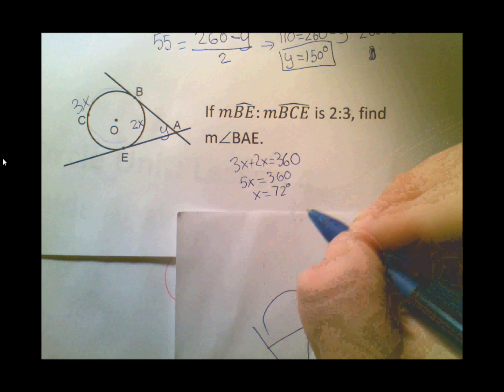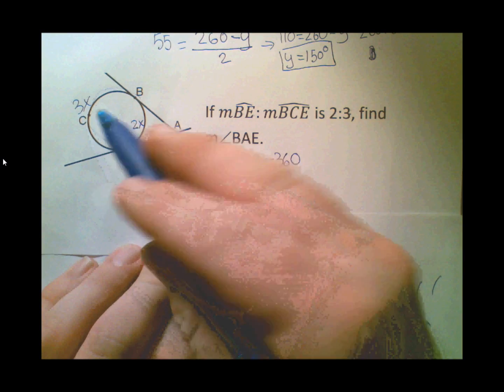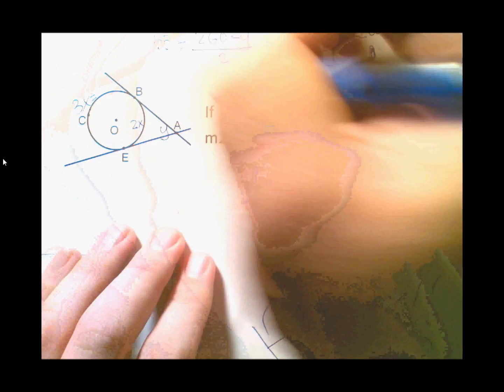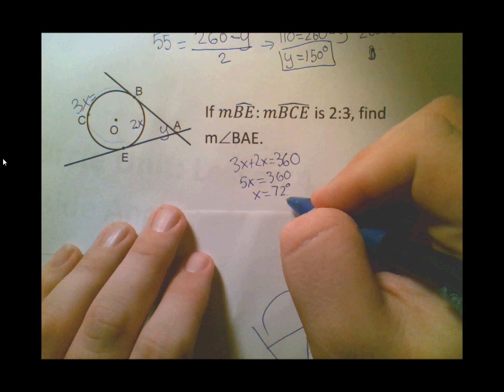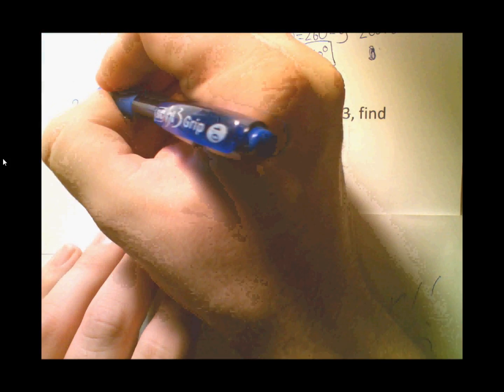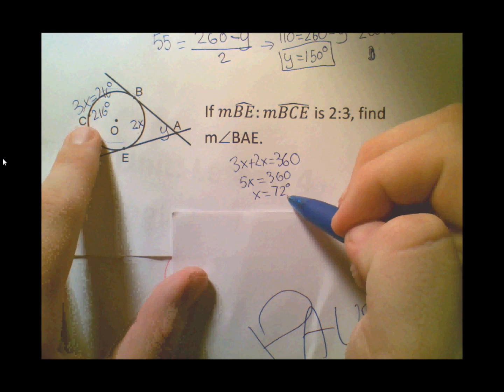Now, if we remember correctly, we have 72 here times 3. So 72 times 3 will give us 216 degrees right here. And then I have 2 times 72, which will give me the leftover, which is 144 degrees.